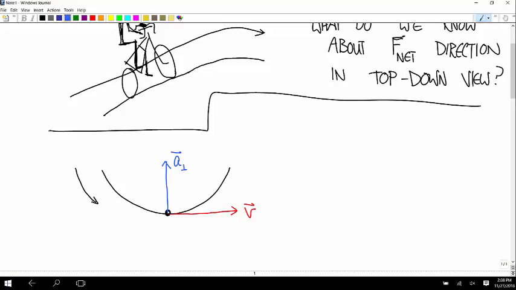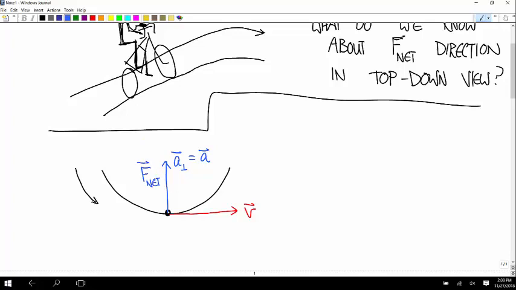Since the total acceleration is the sum of the parallel and perpendicular parts, this is also the direction for the total acceleration. And then Newton's second law says F net has to be in the same direction as the total acceleration, so F net is also in that direction.